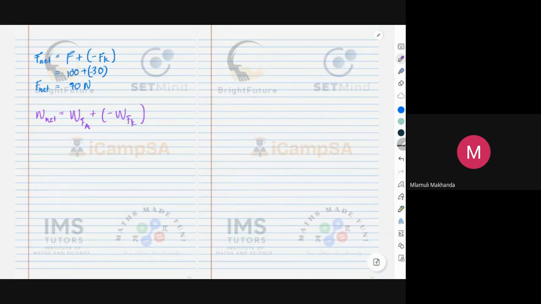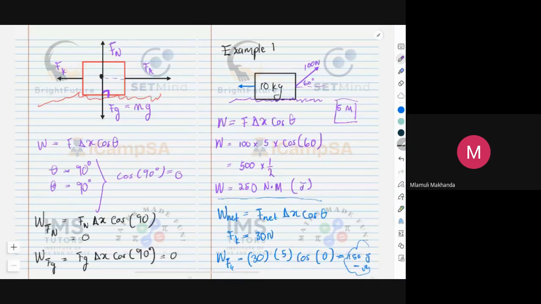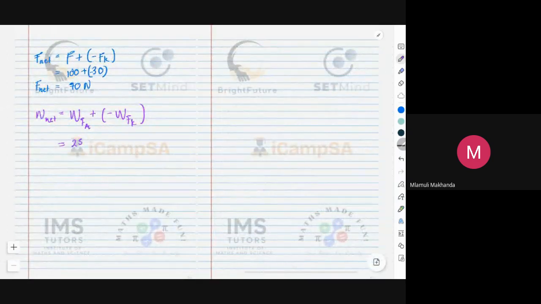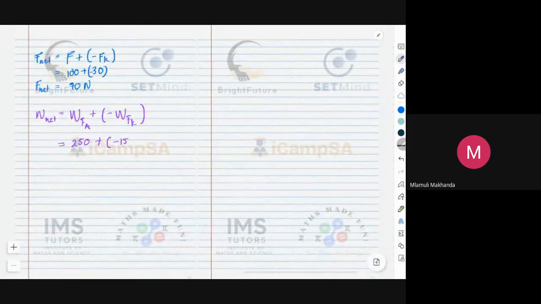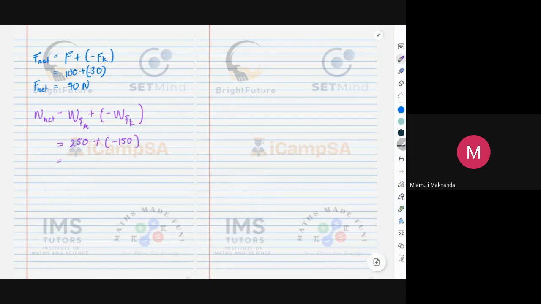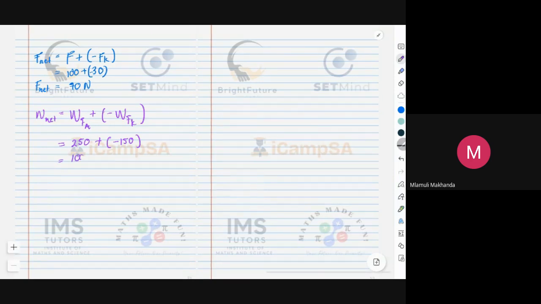The work done by the force is 250, plus minus 150. So in this case you'll be left with 100 joules. This is your net work.